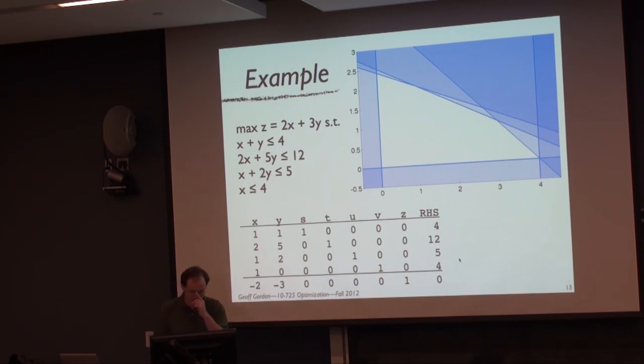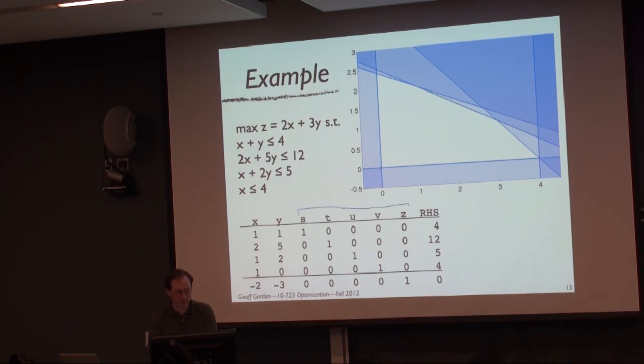All right. So let's try and solve our favorite linear program by moving from basis to basis. Let's say that our initial basis is this one, where all of the slack variables are in the basis. To get to a corner, we'll set x and y equal to 0, and we'll read off the values of s, t, u, v, and z.